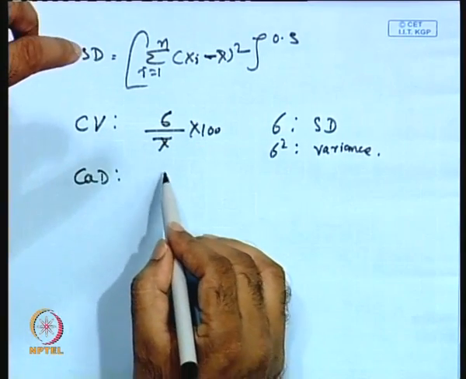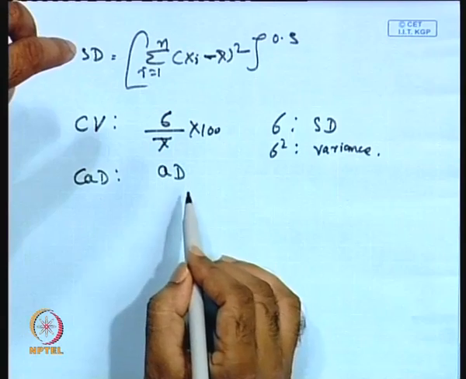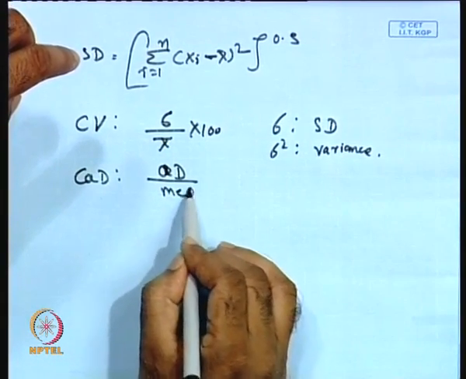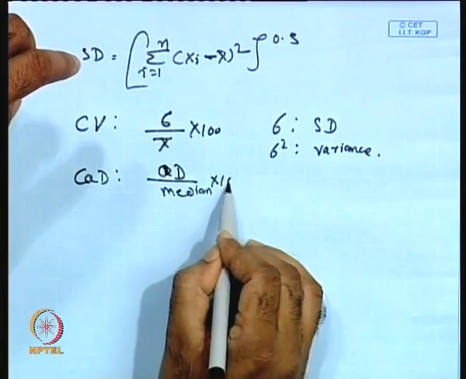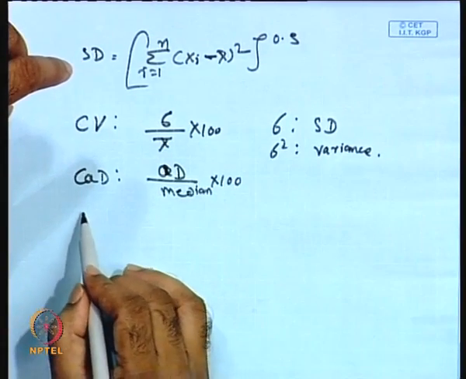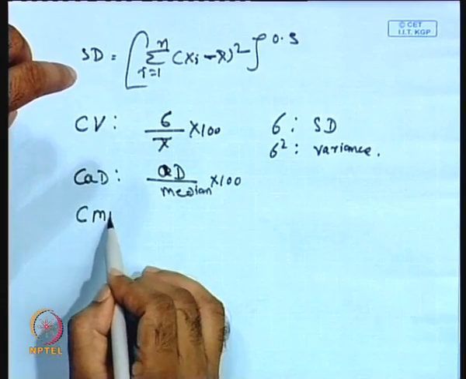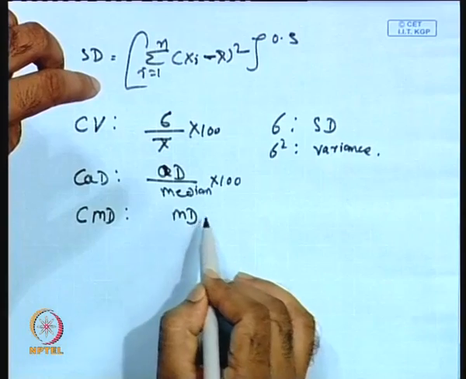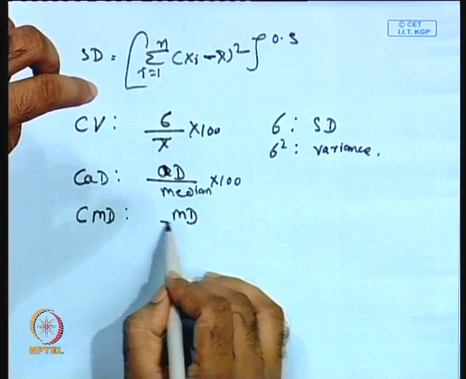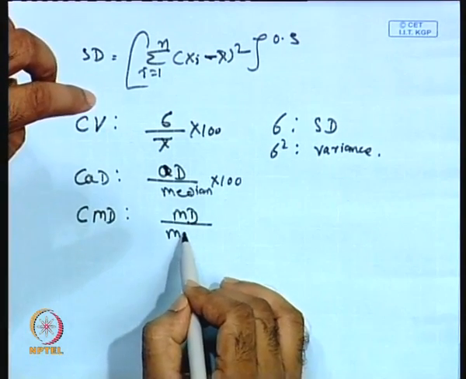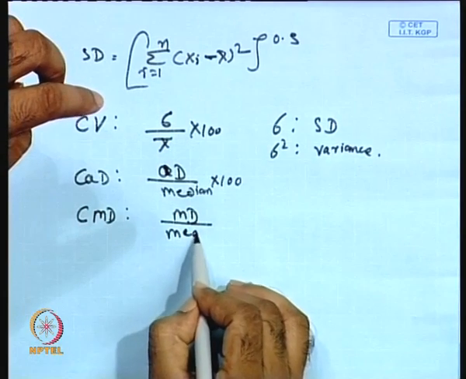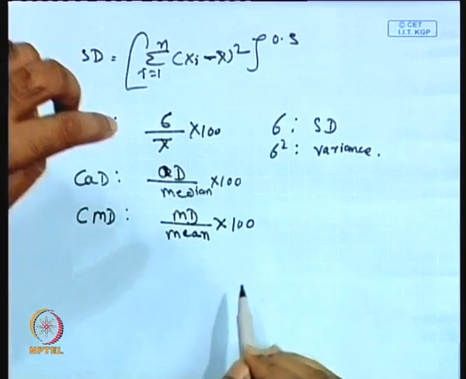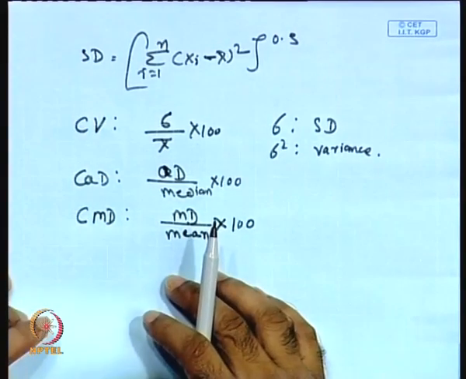It is calculated with respect to the median: quartile deviation divided by median multiplied by 100 gives you the coefficient of quartile deviation. Then the coefficient of mean deviation is nothing but mean deviation divided by mean or median, multiplied by 100. This is the coefficient of mean deviation.